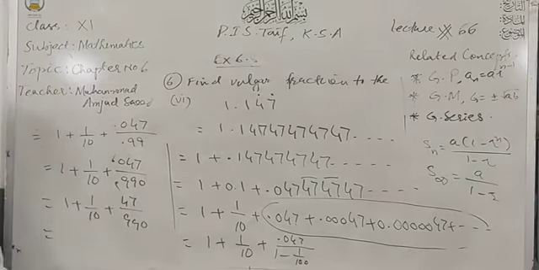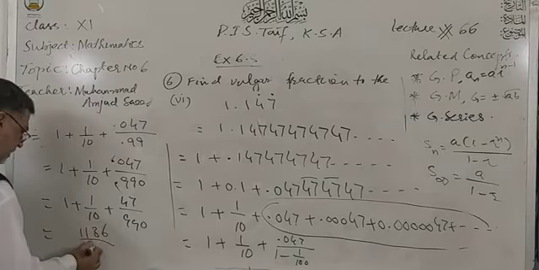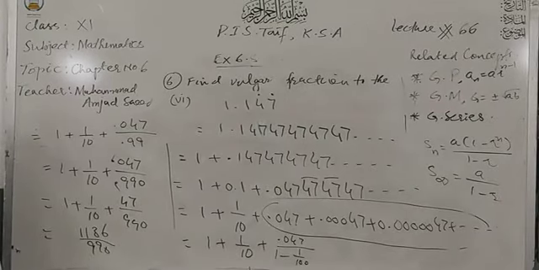Now you can take the LCM and find your answer. This will be 1136 over 990. So that was your part number 6 of question number 6.